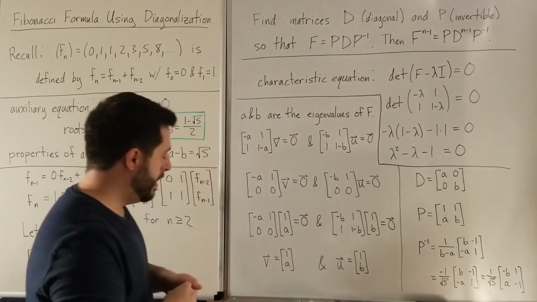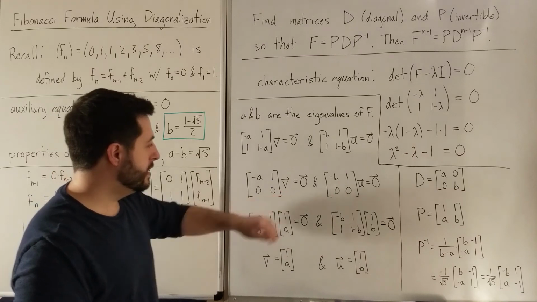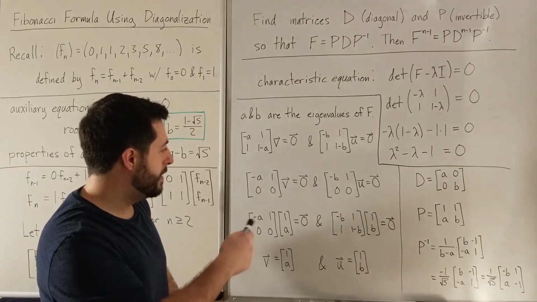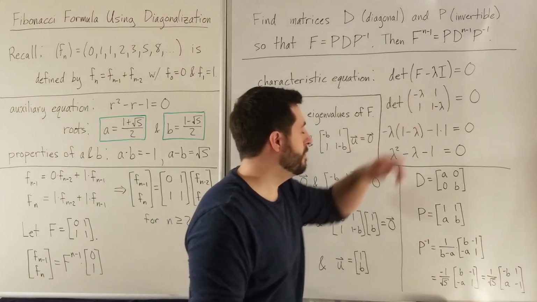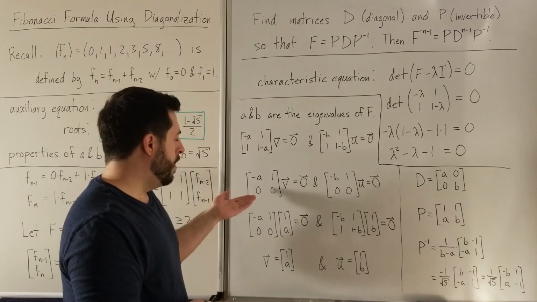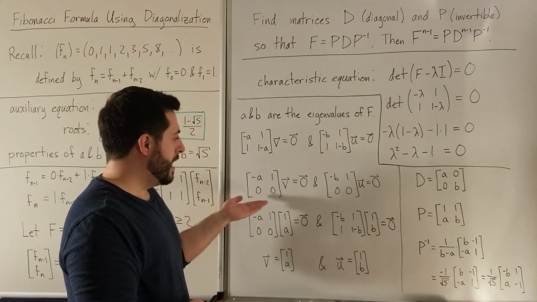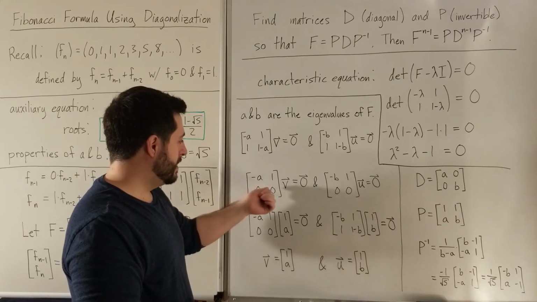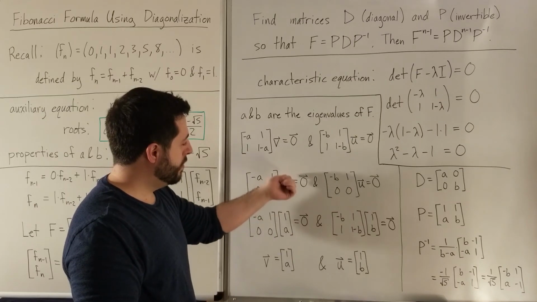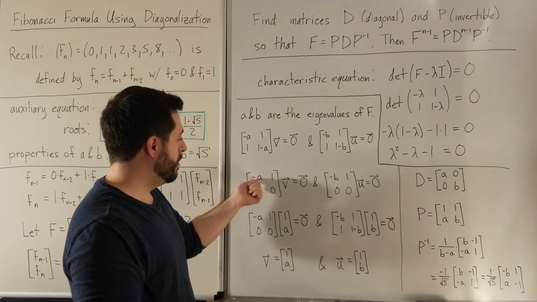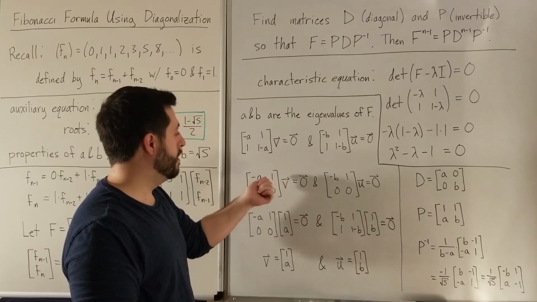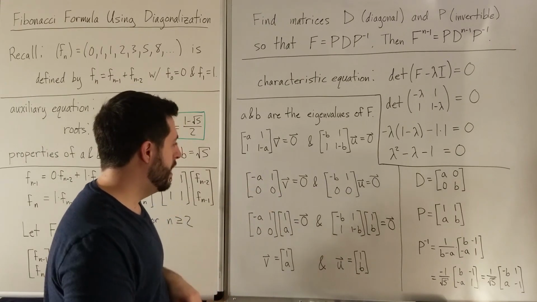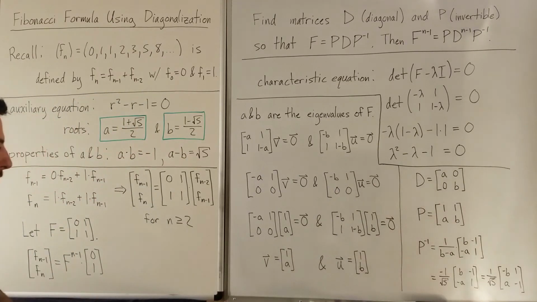Okay, and the idea is once we do this, even without augmenting this with zeros and solving for a basis for the null space of this matrix, F minus lambda I, we can still point out an eigenvector of this. So I want some top coordinate and bottom coordinate so that the top coordinate times negative a plus the bottom coordinate times 1 is equal to 0.